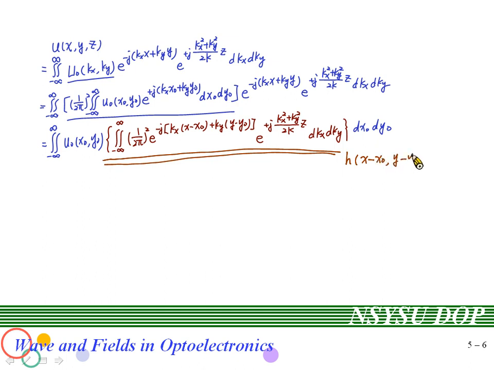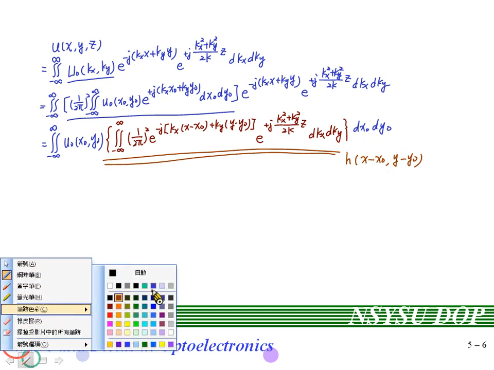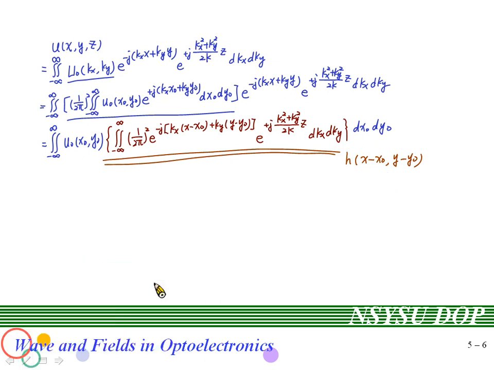What I am saying is that this integral can be written as an h function with the parameters x minus x0, y minus y0. So, by this definition shown here, the above integral can be simplified in the following form.